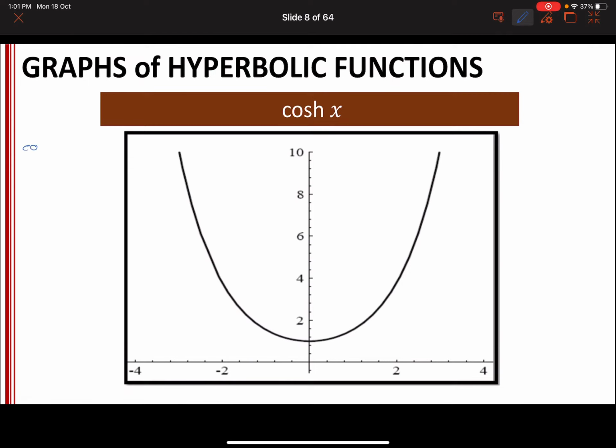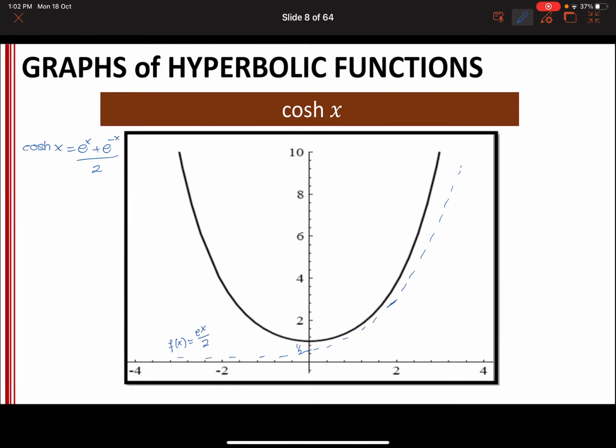Let us recall cosh x is equal to (e^x + e^(-x))/2. So for e^x over 2, let's say I have here 1/2, we will have this graph. So this is f(x) equal to e^x/2.